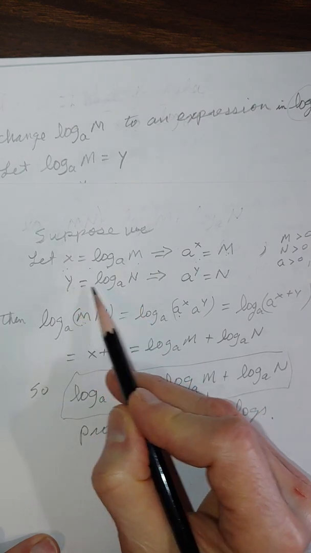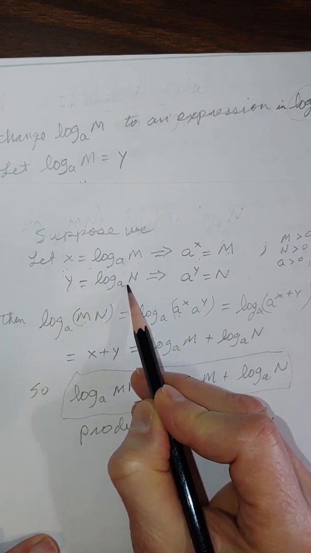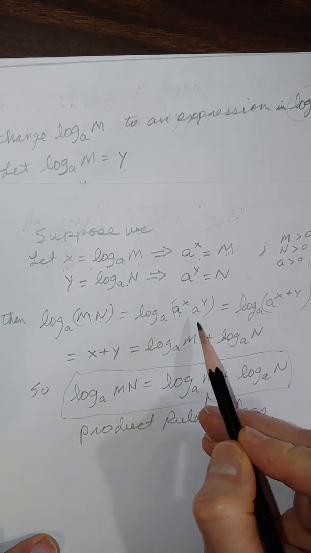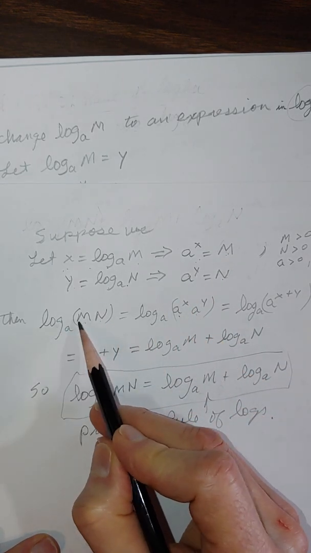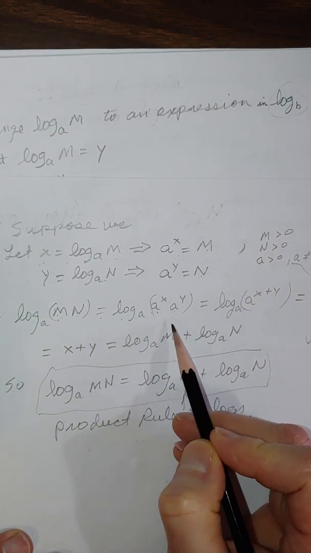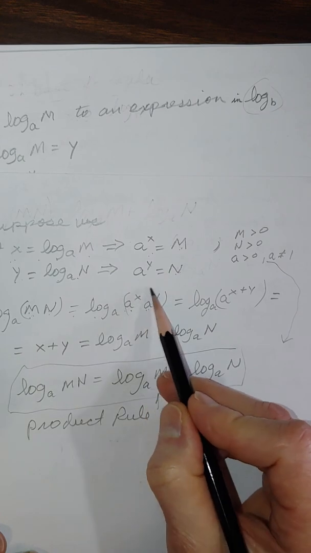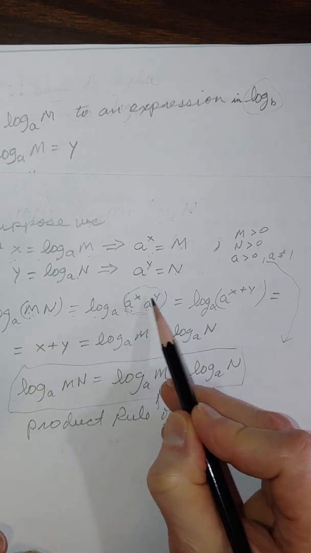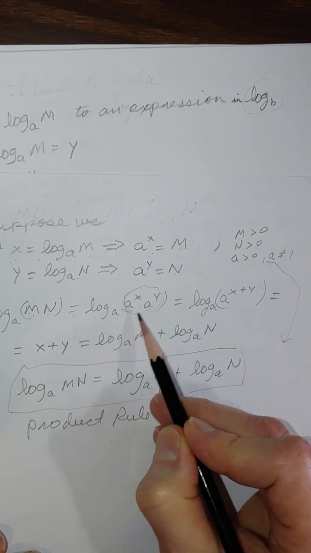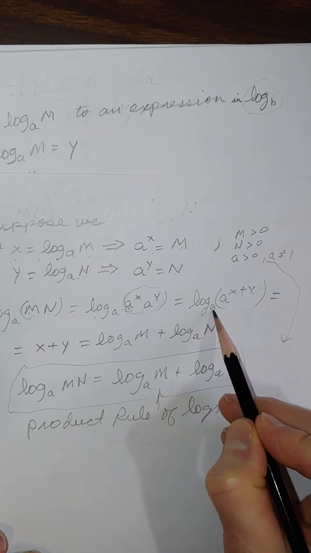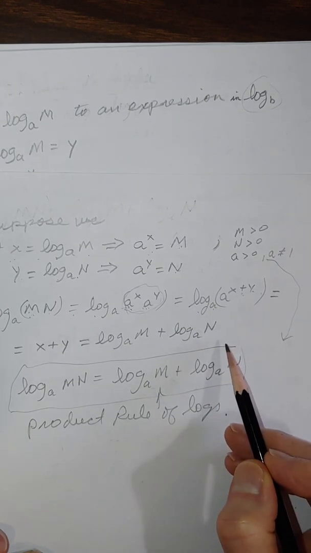And since I let y equal log base a of n, then n equals a to the y. So in place of that n, I put a to the y. So log base a of m times n becomes log base a of a to the x times a to the y. And by properties of exponents, we can write this with one base and add the exponents together. The bases are the same. So a to the x times a to the y is a to the x plus y. So now we have log base a of a to the x plus y.